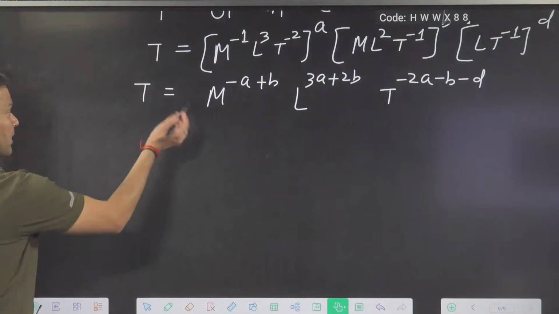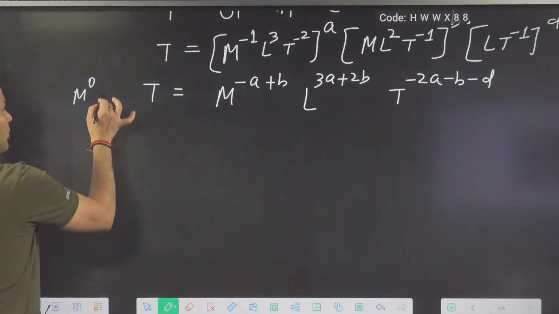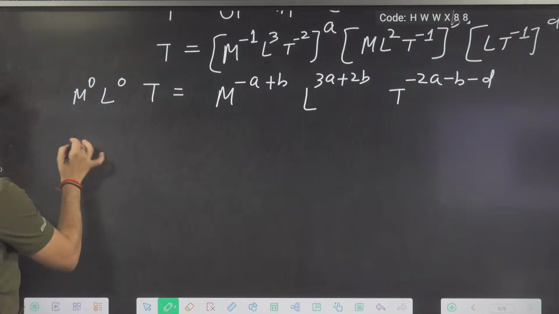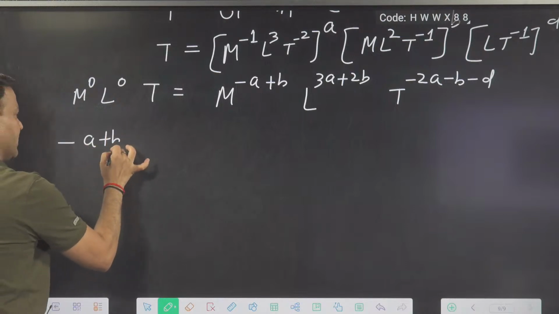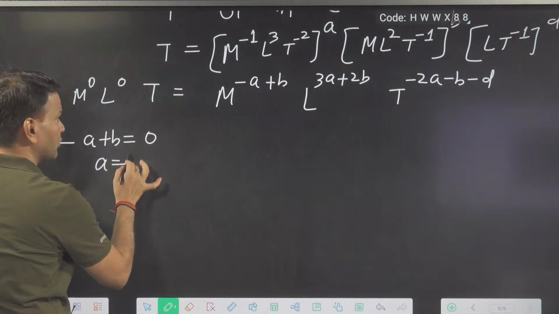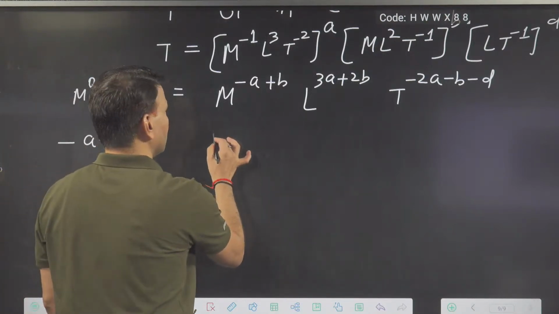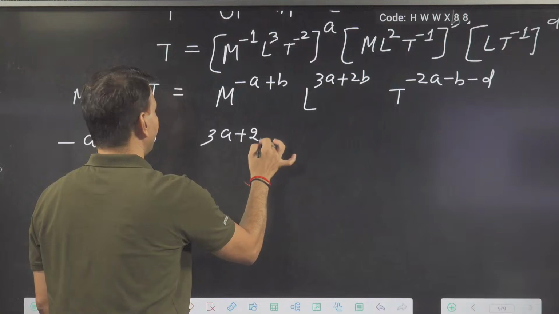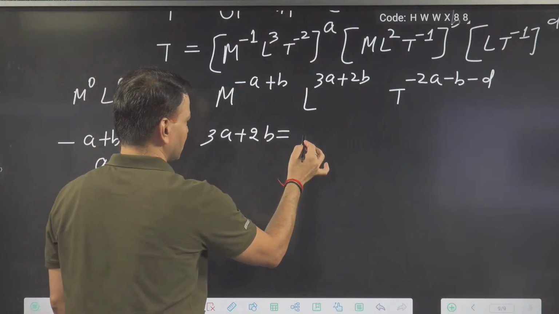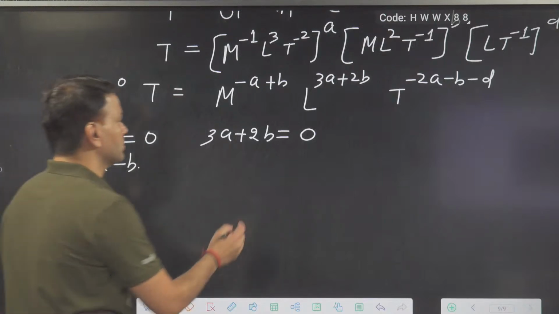Now what I will do? Equate it. Here I can say M is 0, L is 0. Now minus A plus B is equal to 0. Then A is equal to B. For the L, I can say 3A plus 2B is equal to 0.